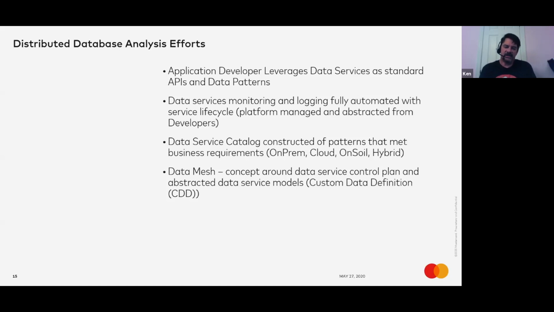We've even started talking about custom data definitions, like custom resource definitions, where we can build abstracted data definitions that can be consumed in different ways by different platforms. There's not a whole lot of industry effort around the data mesh yet, but we're starting to have discussions with the open source community, and hopefully in the not too distant future you'll hear more from Mastercard and the community on the data mesh.